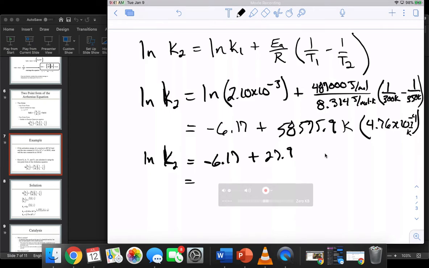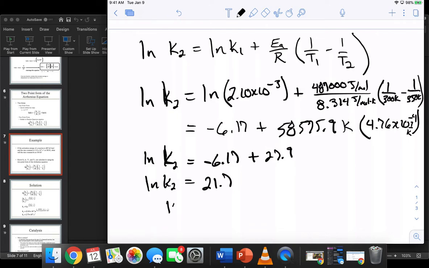And so now I can combine the last pieces on this side of my equation. So I can get about 21.7 roughly. And that's my natural log of K2, which means K2 is going to be e to the 21.7 power. And that is positive, so it's going to be a really big number.